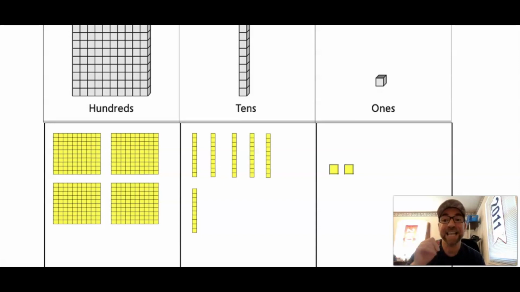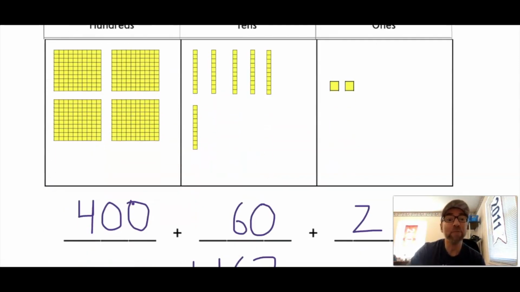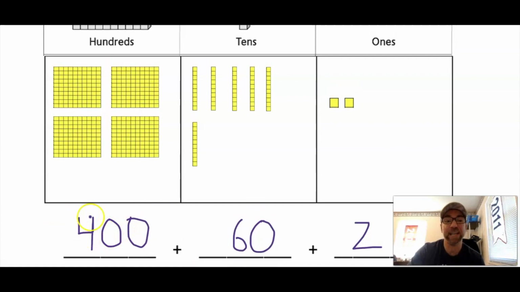Let's check to see how you did. This time we have 100, 200, 300, 400. So I wrote 400 in my first line. Hopefully you didn't write the number 4, because we don't have just 4. We have 400. And then we have 10, 20, 30, 40, 50, 60 in our tens place. 6 longs is 60.